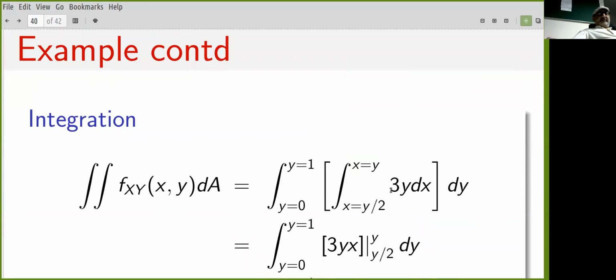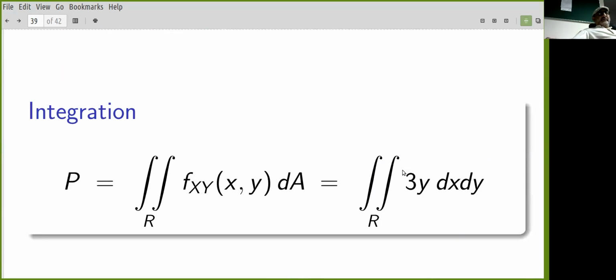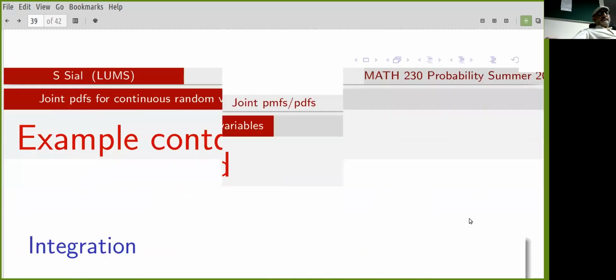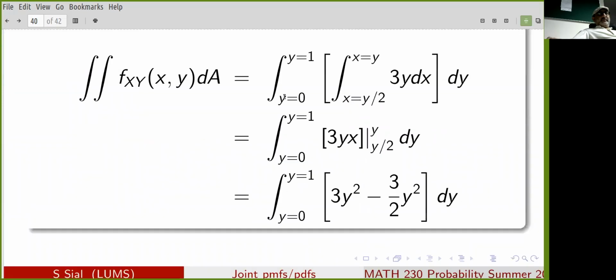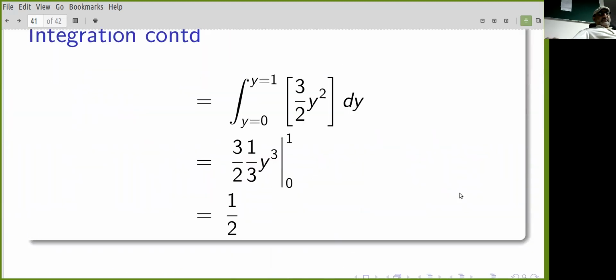And the PDF takes the value of 3y. So do the x integral first. And then you integrate from y equals 0 to y equals 1. And if you perform the double integration, you should get 1/2.